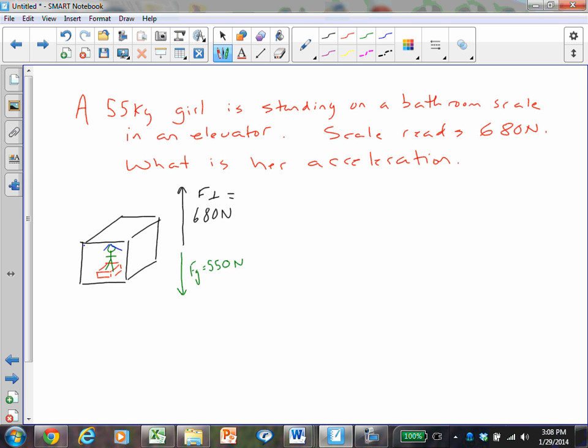In this case, it could be moving up, or it could be moving down. If the scale reads more, it means the net force is up, which means your acceleration is up.